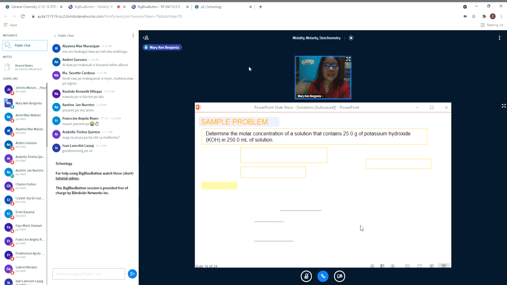Okay po. Try natin to. Determine the molar concentration of a solution that contains 25.0 gram of potassium hydroxide in 250.0 ml of solution. So you try to answer this problem. I will record this para makita ko kung sino yung mga magpa-participate.